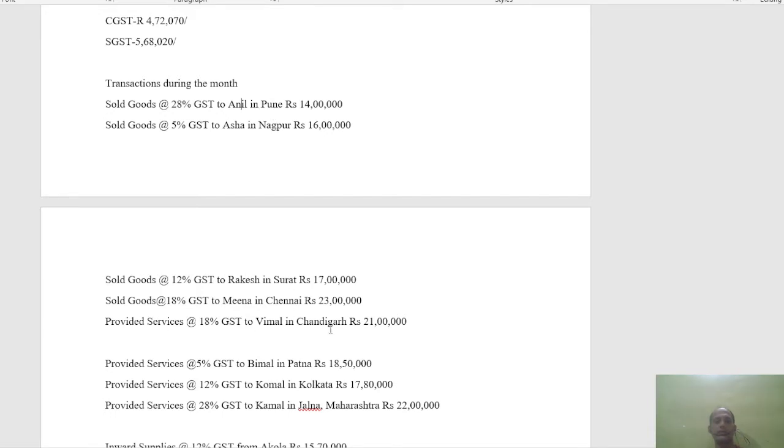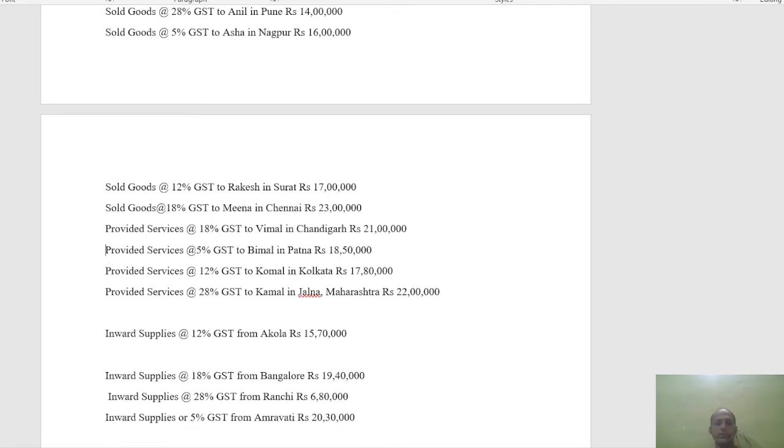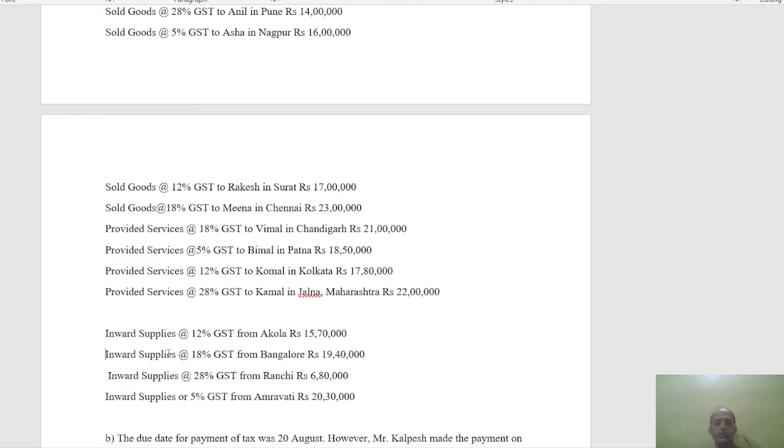But for Surat, Chennai, Chandigarh, Patna, Kolkata, all these five supplies will attract IGST. And then the services provided at the rate of 28% in Jalna will also come as an intrastate supply, and CGST and SGST will be levied.